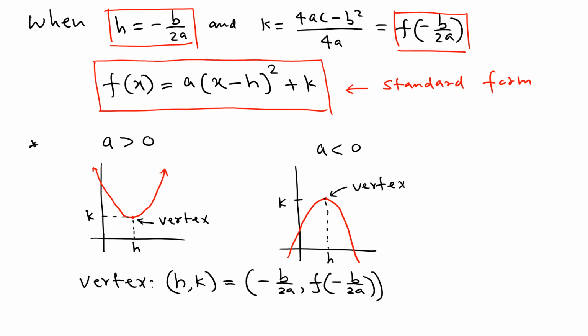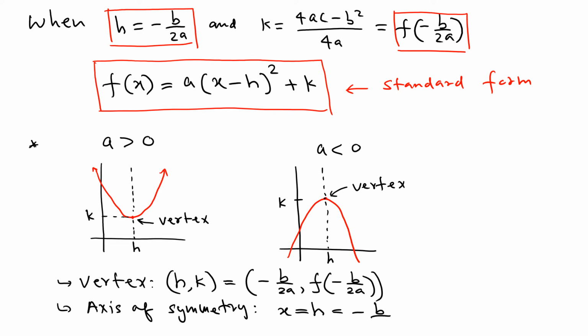And the next one is how to get the axis of symmetry. You can see these are symmetric about this axis. This is what we call the axis of symmetry. It is given by x equals h, where h is equal to negative b over 2a.